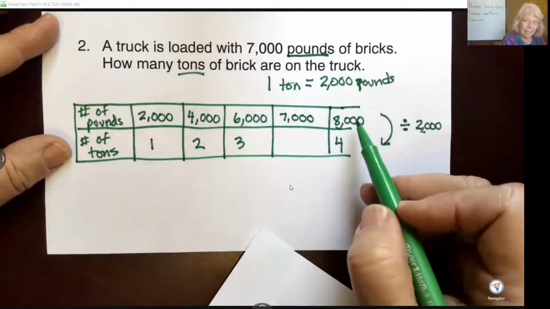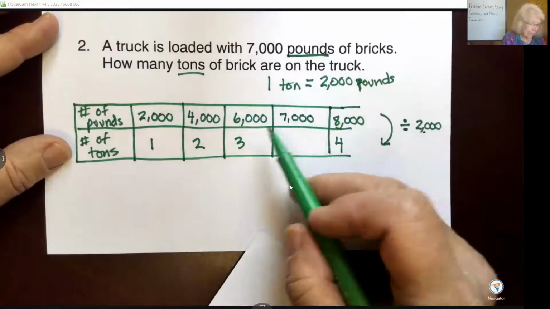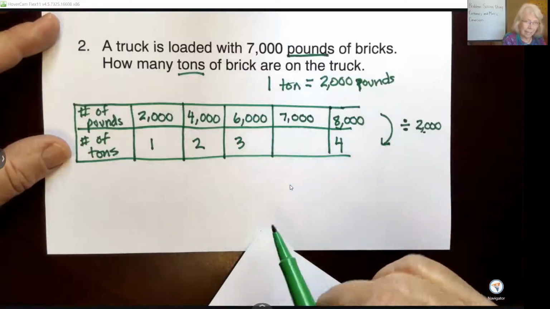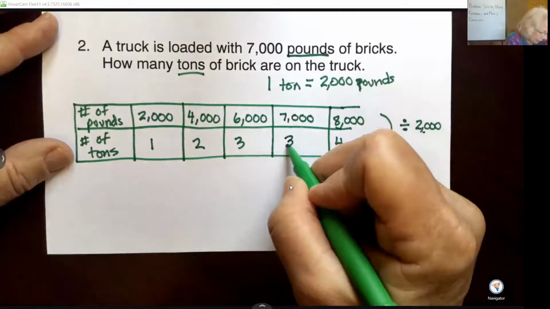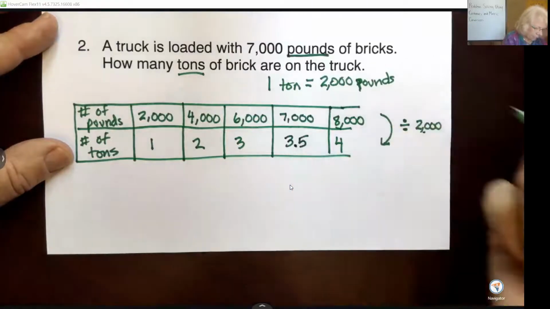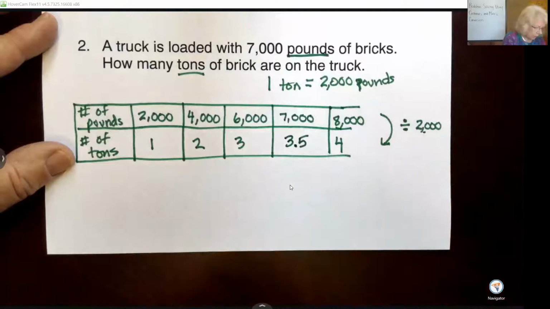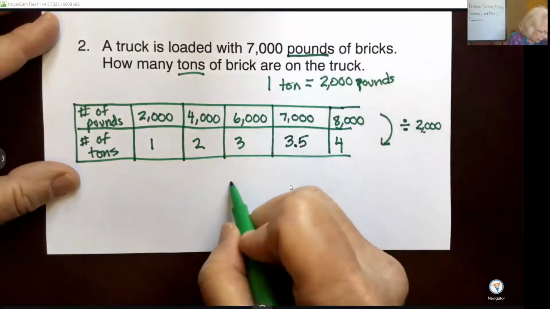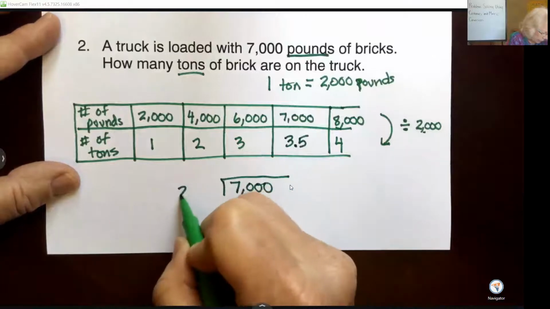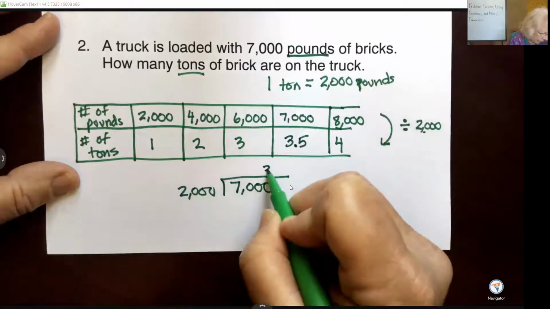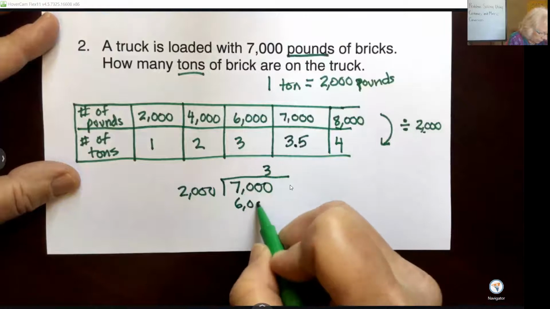And once again, you might see that it is halfway between 6 and 8, which makes getting to our answer a little easier, and we would say this is now 3.5. You could also do the longhand work of going 7,000 divided by 2,000, and you would get the same answer.